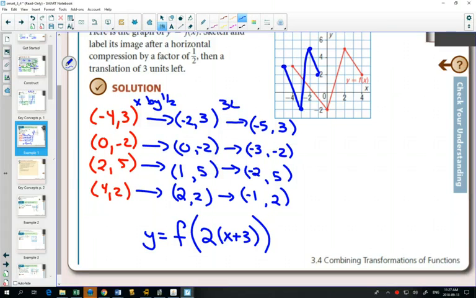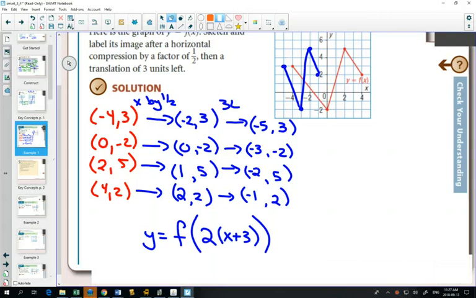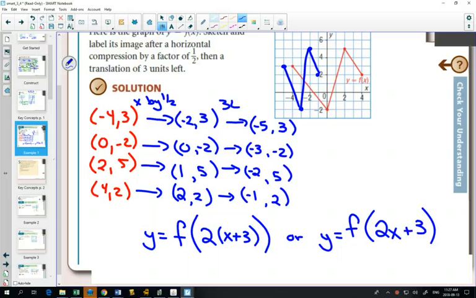Option 1. Option 2, or y equals f, everything is inside the function, 2x, and then move 3 to the left, I go +3.